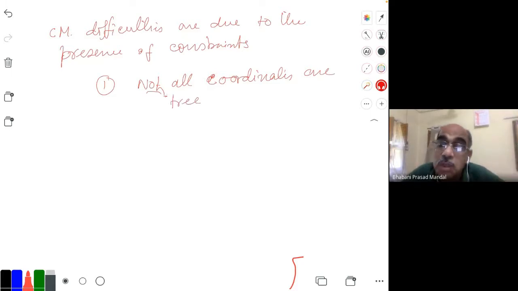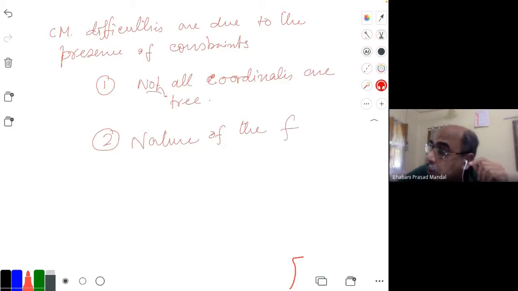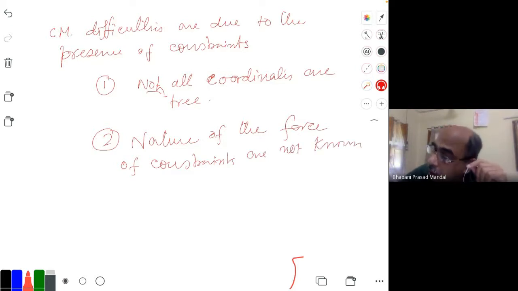Right? If there is a constraint, it means fewer degrees of freedom, and then not all are free. The second difficulty is that a constraint is due to some force, and we don't know the nature of the force. The nature of the force of constraint is not known a priori, before, or let me write not known before.